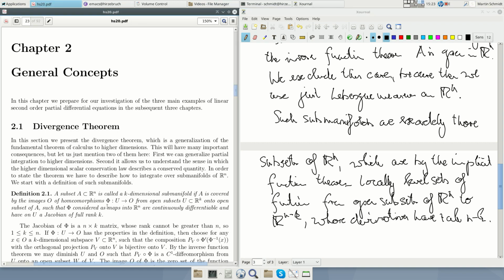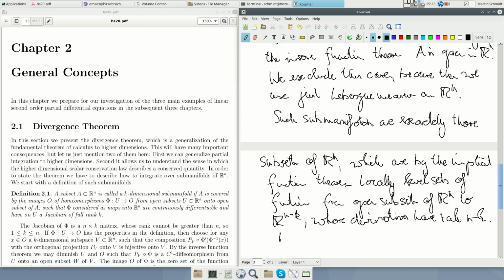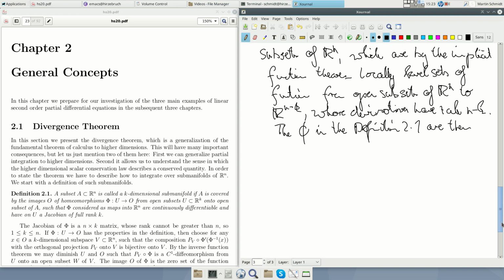Okay, and this phi in the definition 2.1 are then the implicitly defined functions by the implicit function theorem.